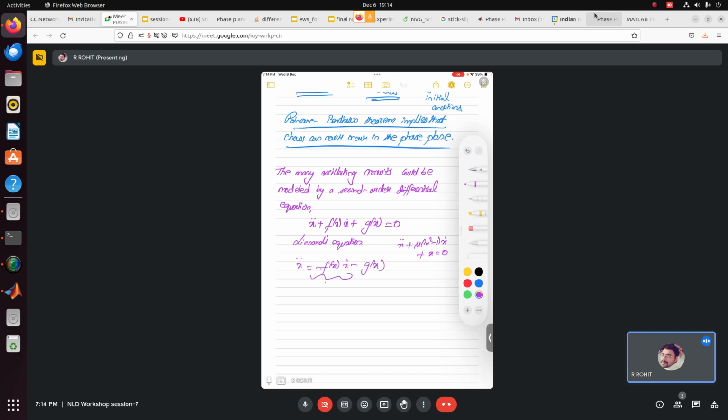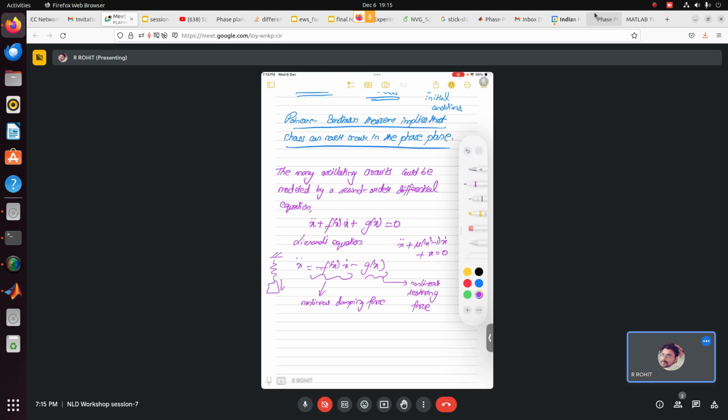This term refers to a nonlinear damping force, and this term refers to a nonlinear restoring force. So it's like a spring mass system, where these are the damping force and the restoring force in the system.